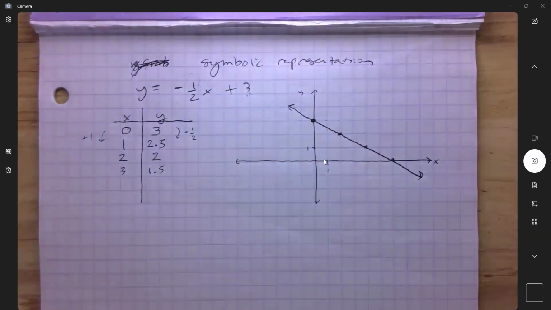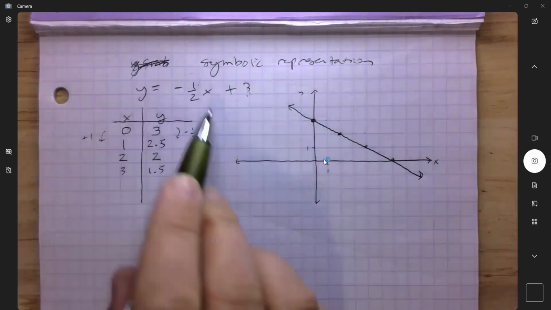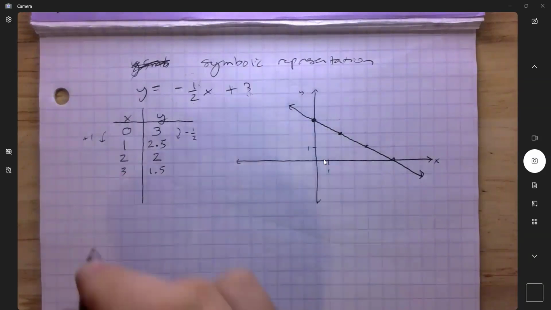And we don't often go from a symbolic representation to a verbal representation, but a verbal representation might really use this symbolic form to answer a question.